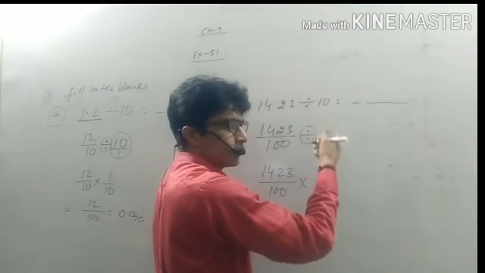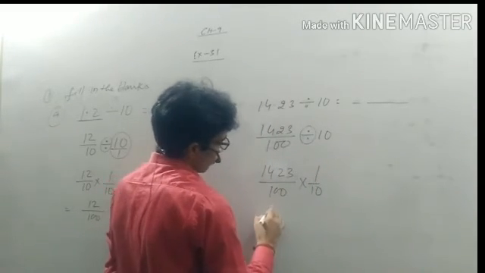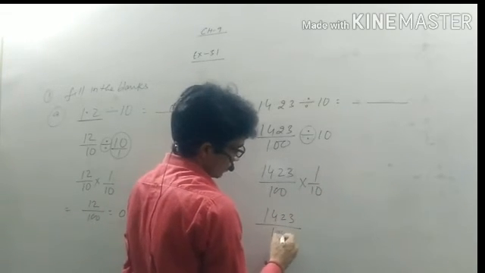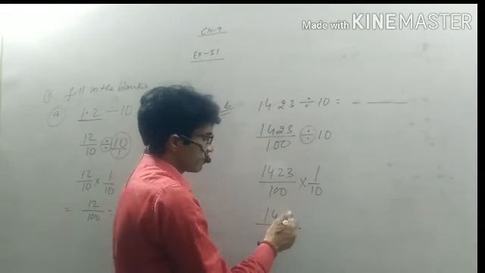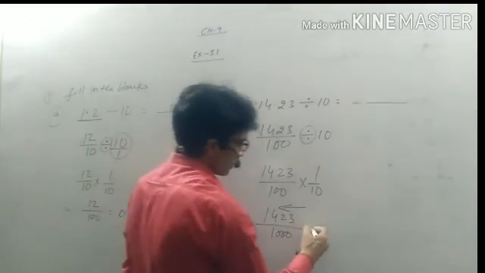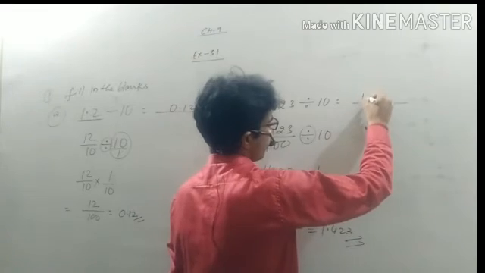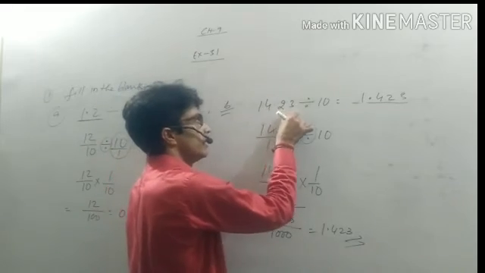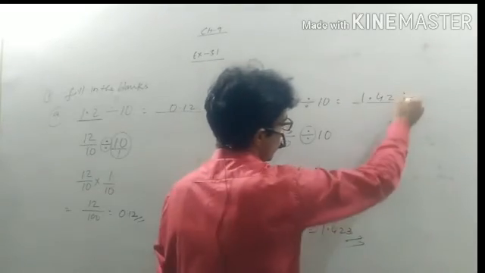The reciprocal of 10 is 1 by 10. Now multiply: 1423 upon 1000, and 1000 has 3 zeros. So put the decimal after 3 places in the numerator from right to left. So our required answer is 1.423. So the division of 14.23 divided by 10 equals 1.423, and this is your required answer.